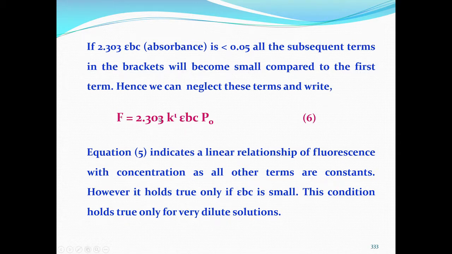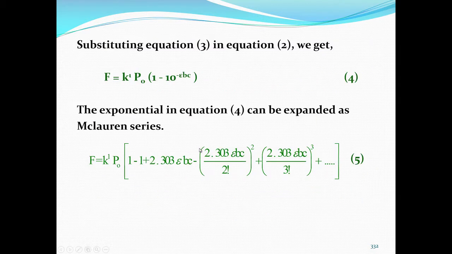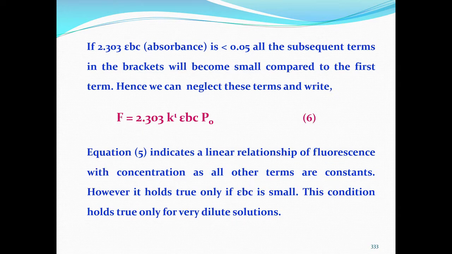So, if this is a constant, it can be evaluated by plotting fluorescence versus concentration and determining the slope of the curve, provided it follows a linear response. So, equation 5, equation 6 also indicates a linear relationship of fluorescence with concentration as all other terms are constants.